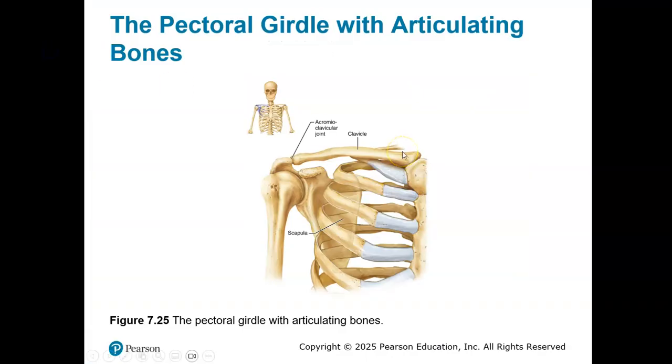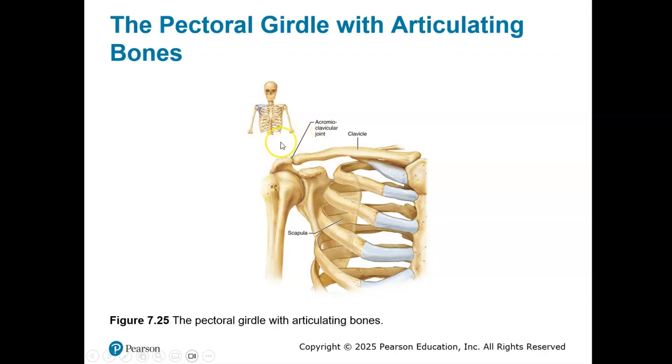And here is an illustration of the pectoral girdle. Here's the clavicle. And then you have the scapula, which is all behind here, and basically the scapula has this cavity that the head of the humerus fits into.